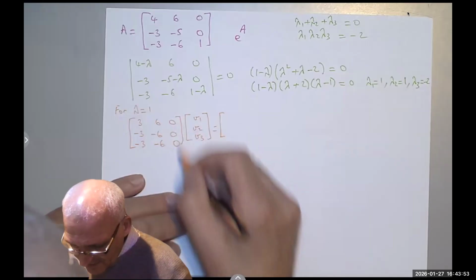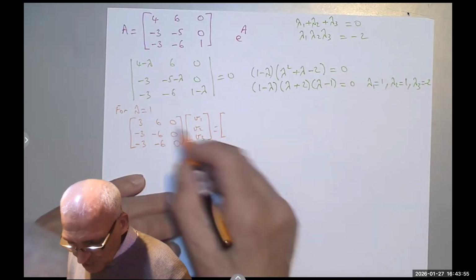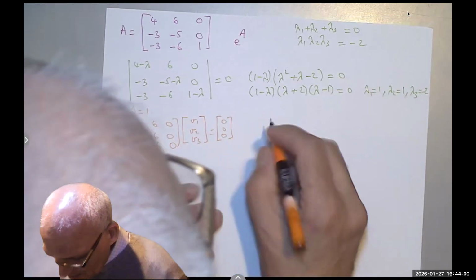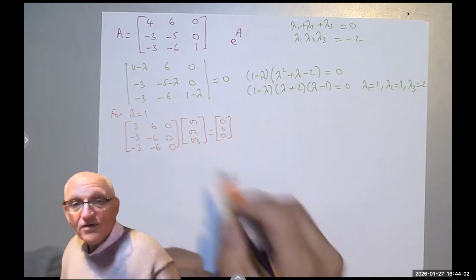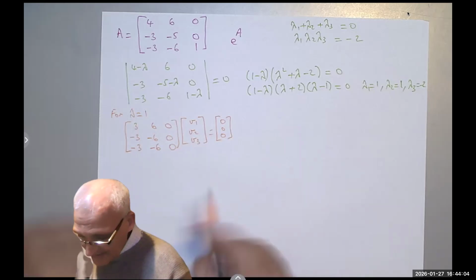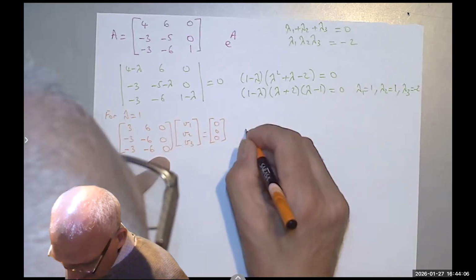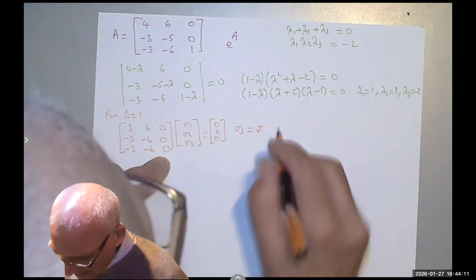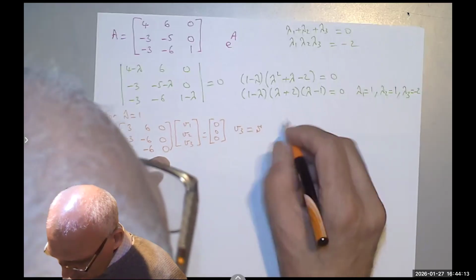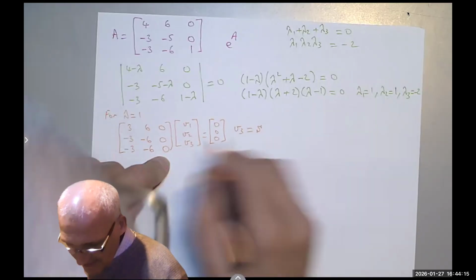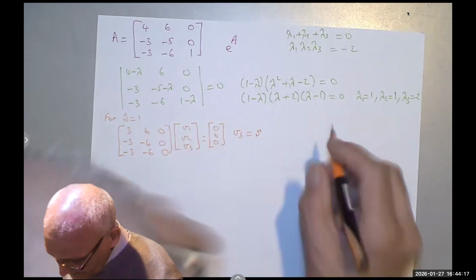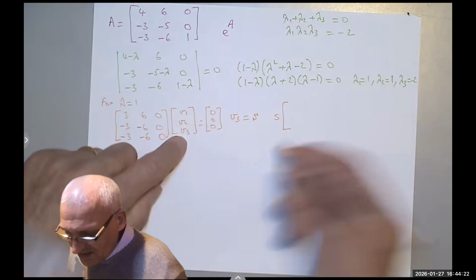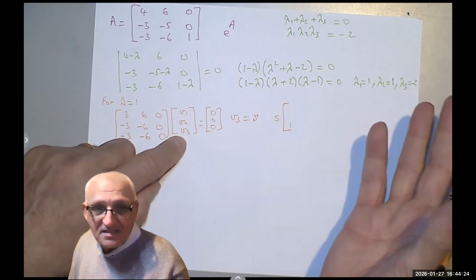Since V3 doesn't show up, every time you would multiply it by 0, so for one of the eigenvectors you can assume, let's make V3 equals S. Okay, so now I can say that null space would be S times, you make V3 1. You can make it any number, but the easiest is 1.